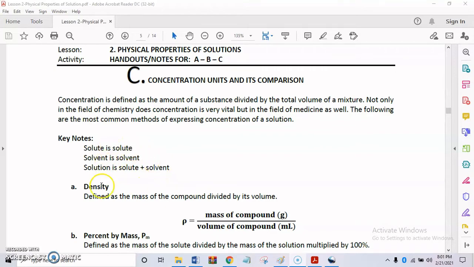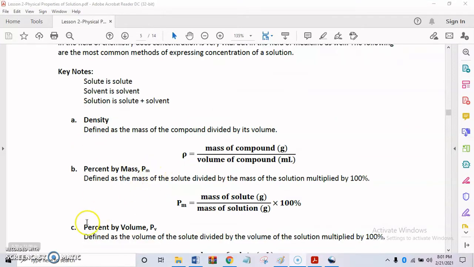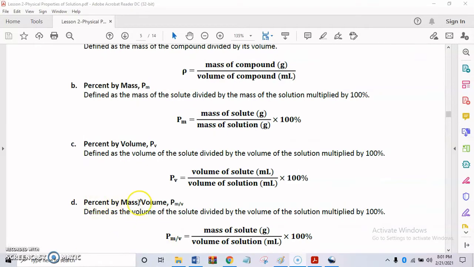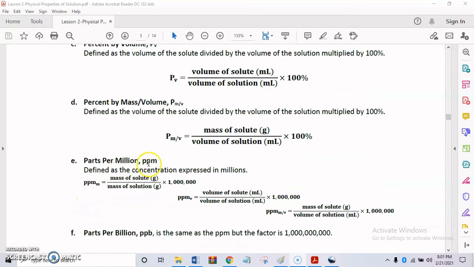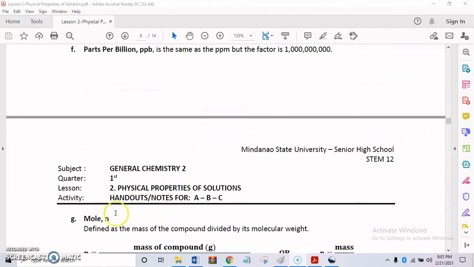You need to memorize these formulas about density, percent by mass, PM, percent by volume, PV, percent by mass volume, PMV, parts per million, the ppm, and parts per billion, ppb.